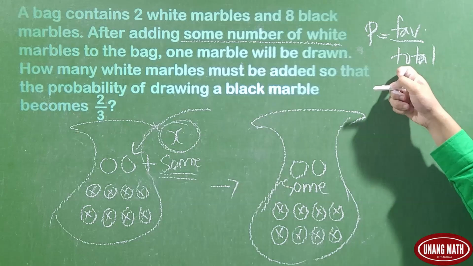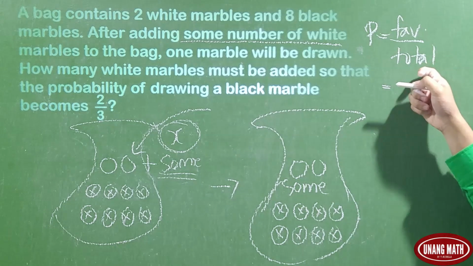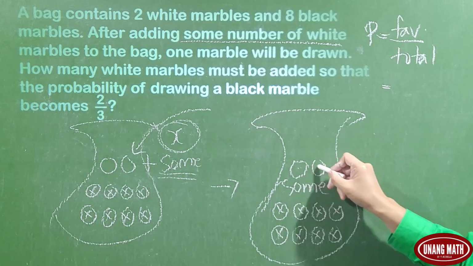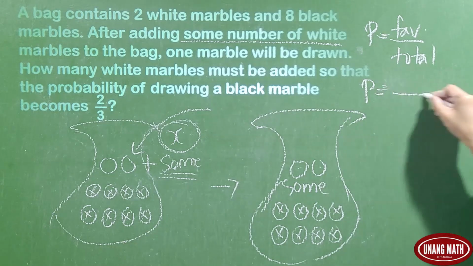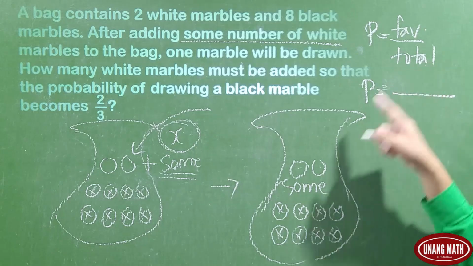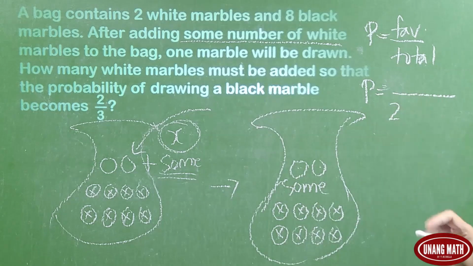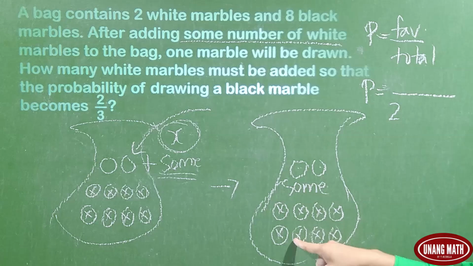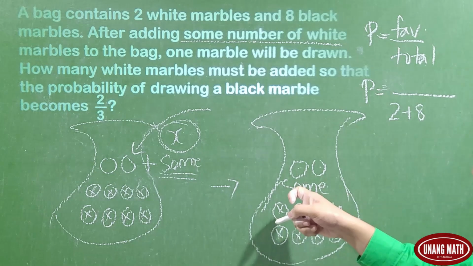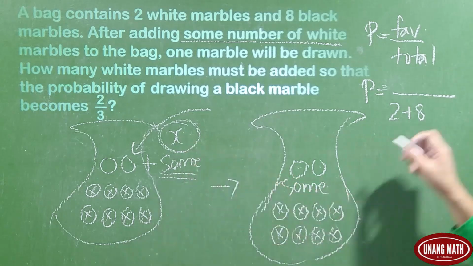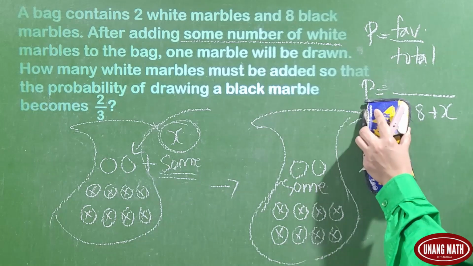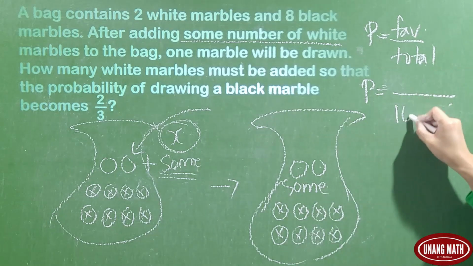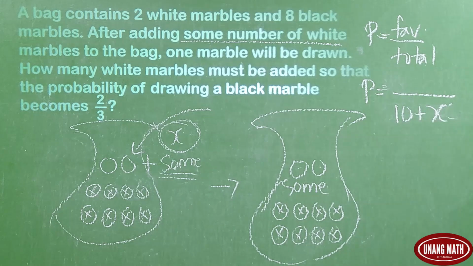So for the total possible outcome, we have here 2 white marbles, plus 8 black marbles, plus this sum, which is represented as X. So 2 plus 8 plus X, and this will be equal to 10 plus X.